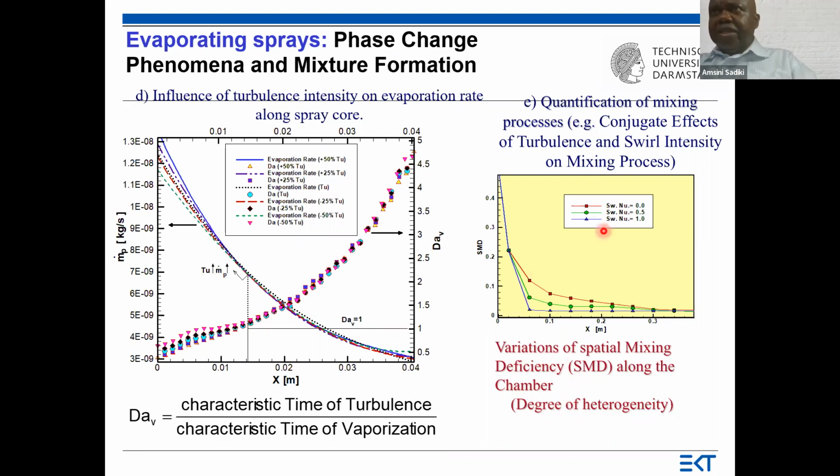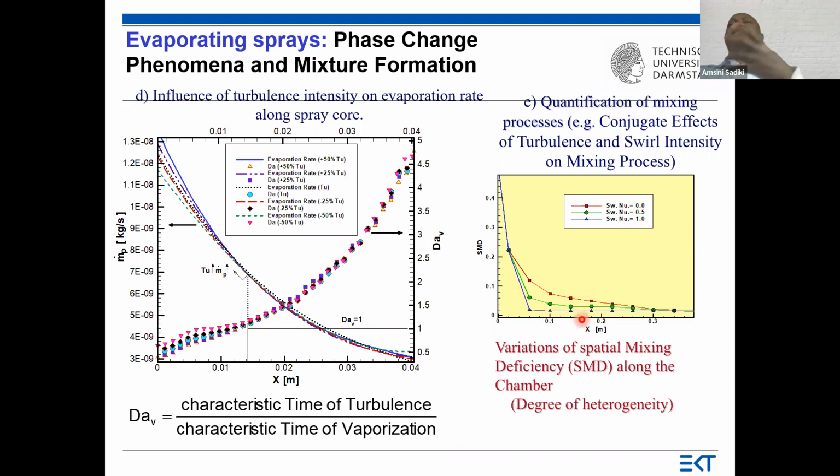We see here, if we have no swirl number, this is this plot here. And if the swirl number is 0.5, we have this here. And if we have a swirl number equal to 1, we have this.